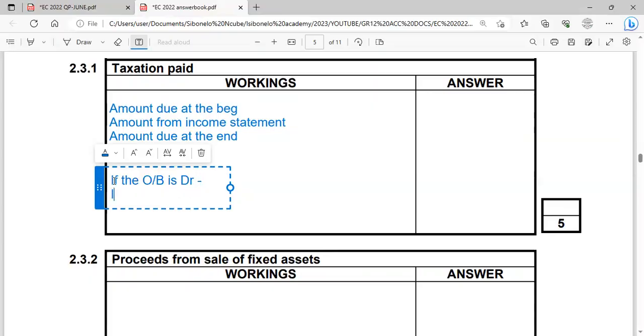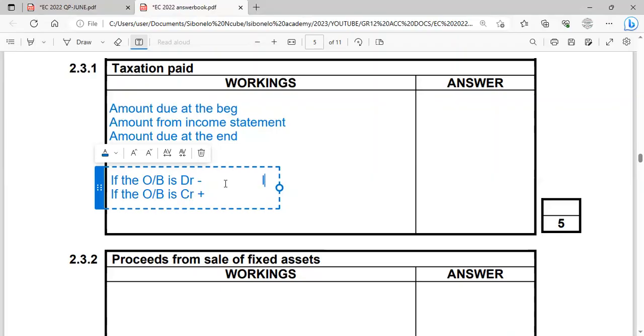And if the opening balance is sitting on the credit side, that one will be positive. So this is the case of opening balances. If the SARS income tax is having a debit balance, you're going to put that balance as a negative balance. But if SARS income tax is sitting on the credit side, you're going to disclose that balance as positive.